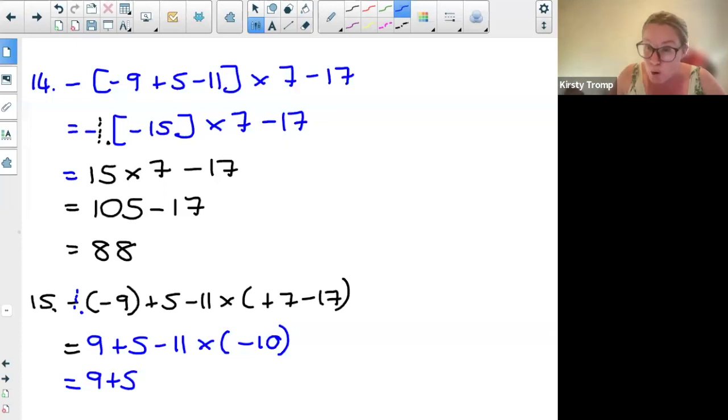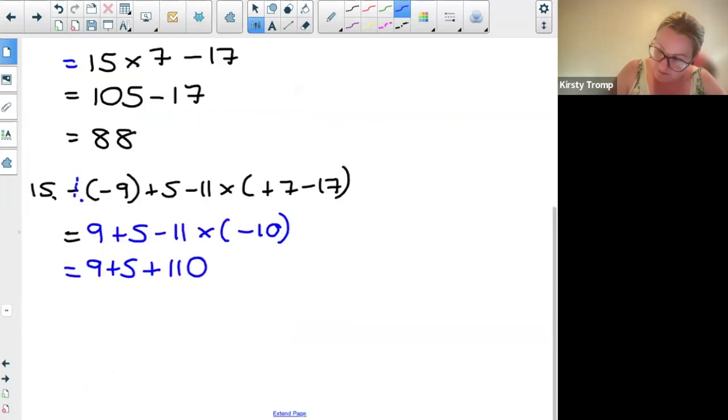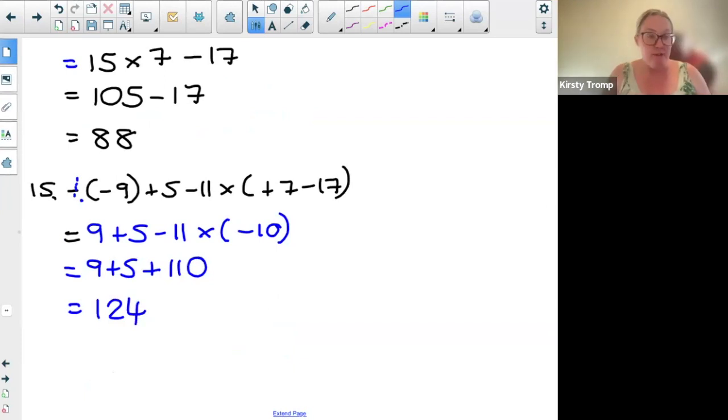They wear clothes. So a negative times a negative gives me a positive, and 11 times by 10 gives me 110. 9 plus 5 gives me 14, and 14 plus 110 gives me 124.